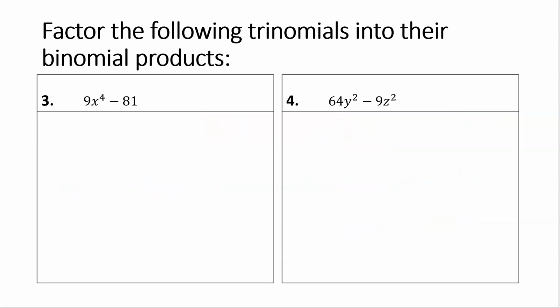Two more quick examples, but don't forget our primary rule for factoring, which is factor out the greatest common factor first. Greatest common factor first. So for 9x to the power 4 minus 81, you can actually factor out a 9 first.